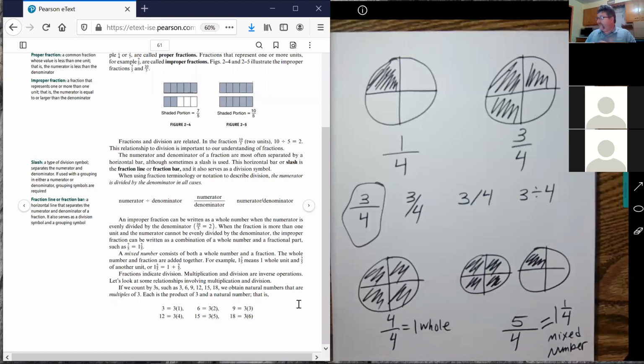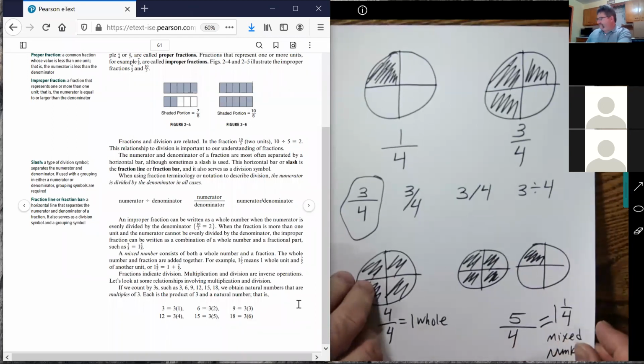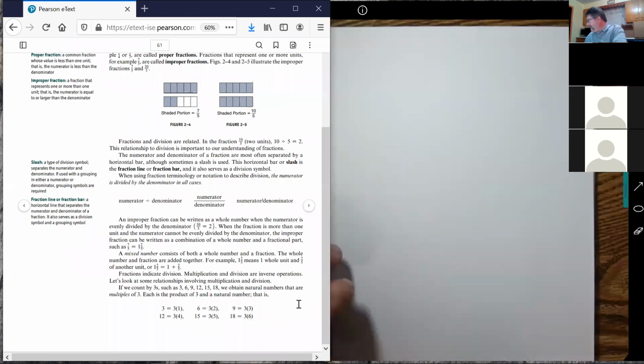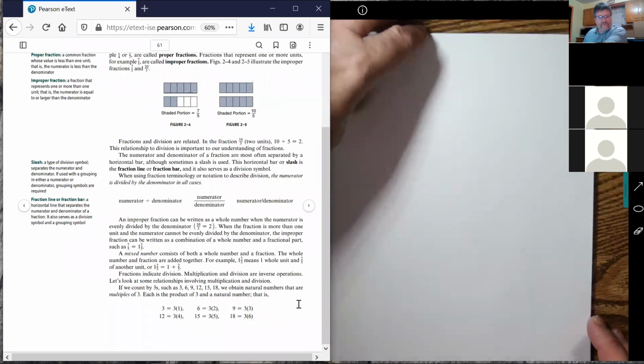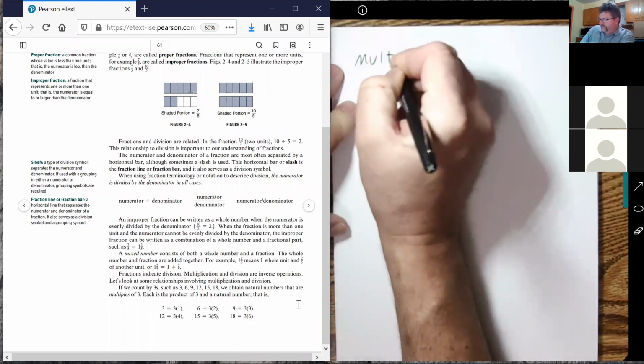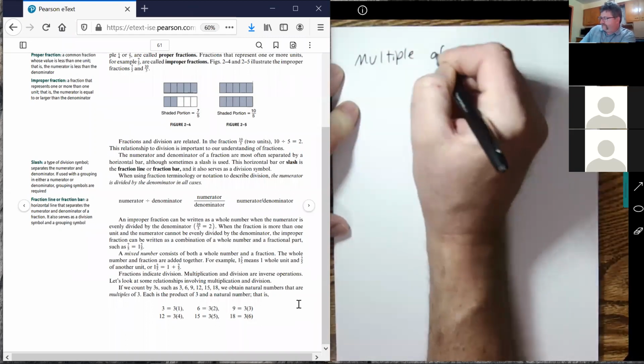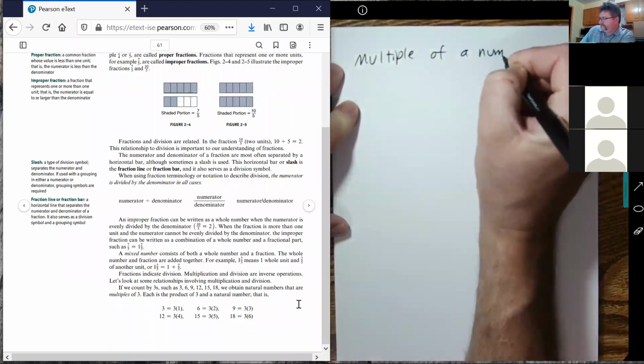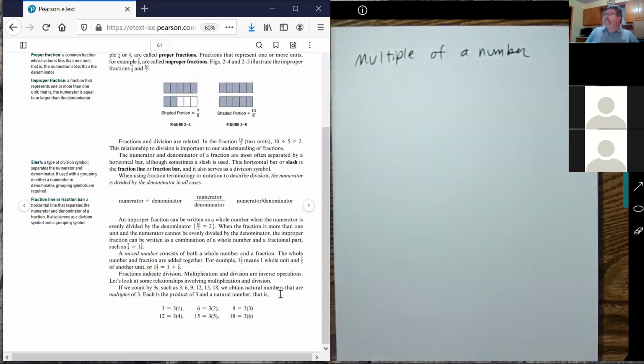So in order to do these processes of adding, subtracting, and reducing, we need to learn a couple other properties of numbers, and one of which is called finding the multiple of a number.